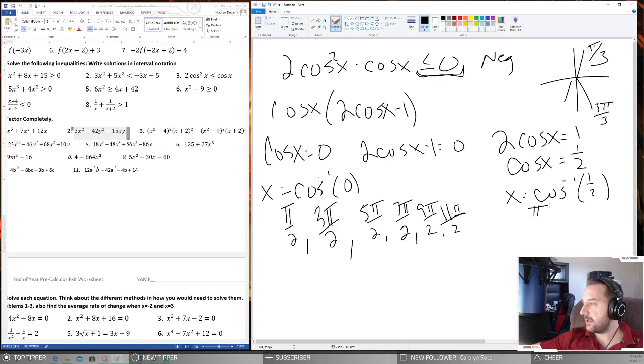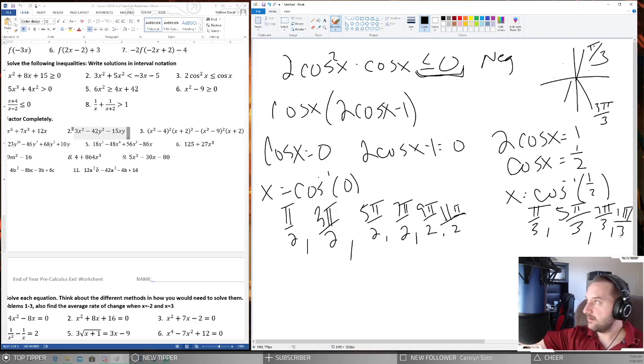Now I have to consider that those keep going as well. So we have 7 pi thirds and 11 pi thirds, and that's going to keep going on and on as well.